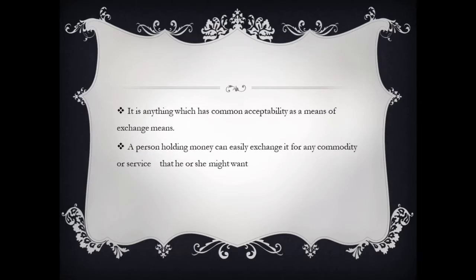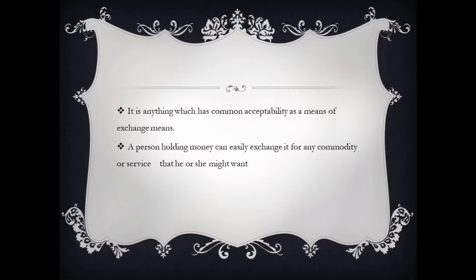A person holding money can easily exchange it for any commodity or service that he or she might want. That is common acceptability. But to get a clear understanding of this point, we should see the history of money.